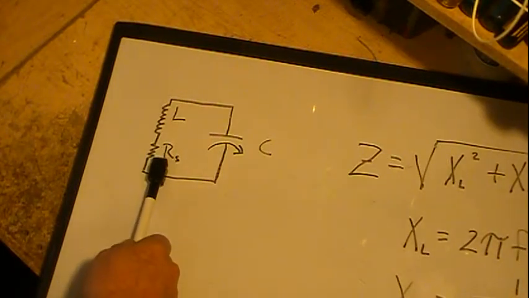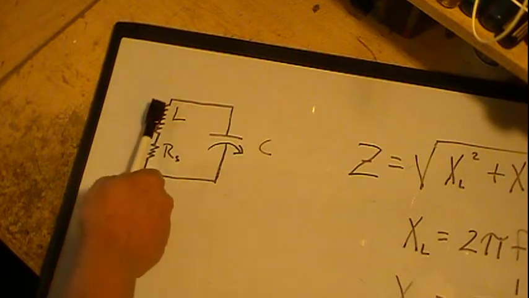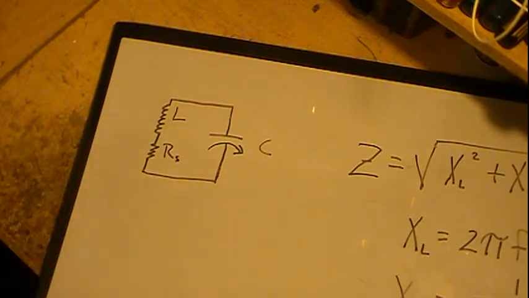Now, one of the things that can happen: let's say you've got a coil, say an antenna coil for example, and it's open. It's got a bad winding in it, and it's deep inside.